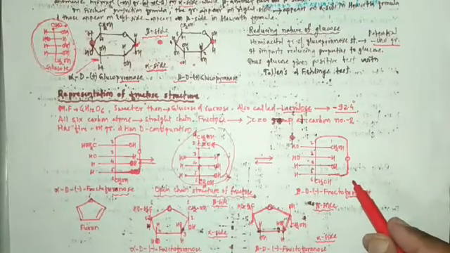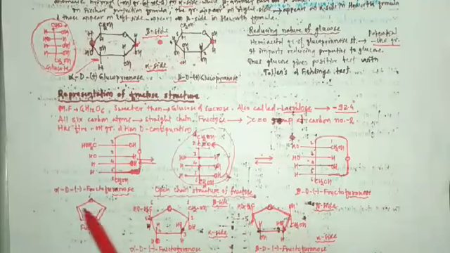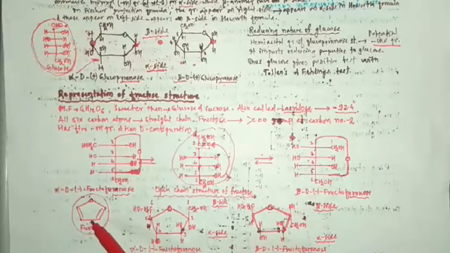Because this structure is similar to that of a heterocyclic compound, and that heterocyclic compound is furan. Furan is a heterocyclic compound which contains 4 carbon atoms and 1 oxygen atom in its ring.